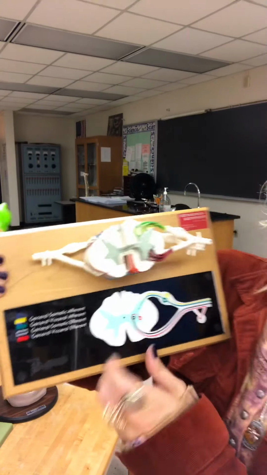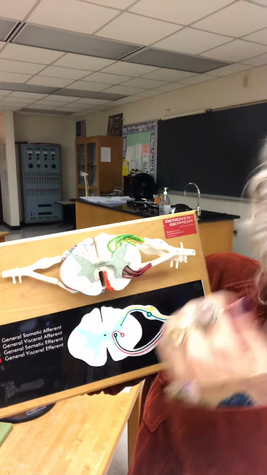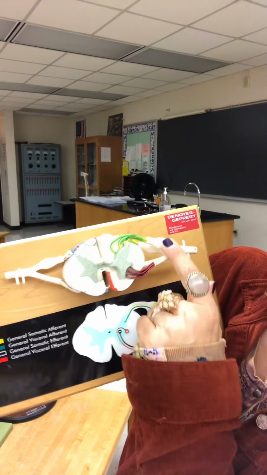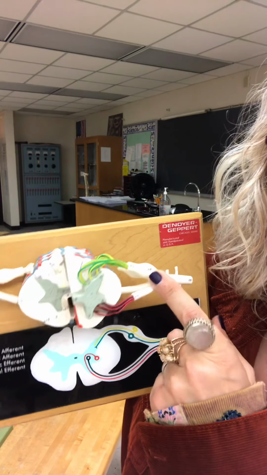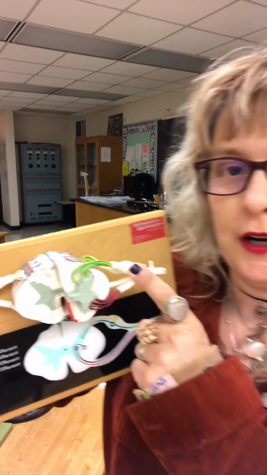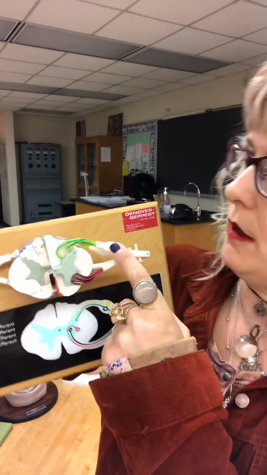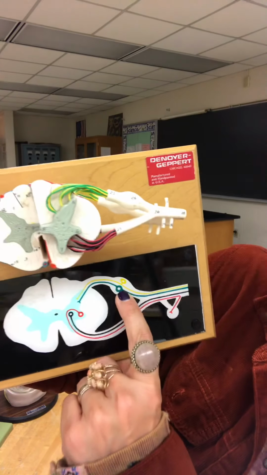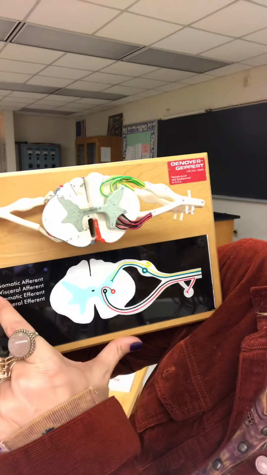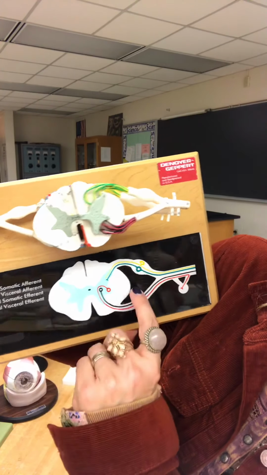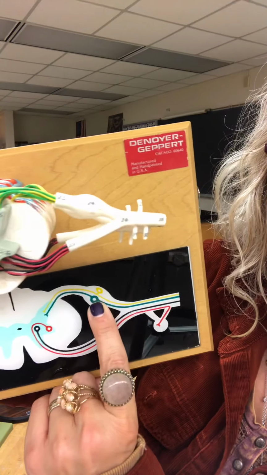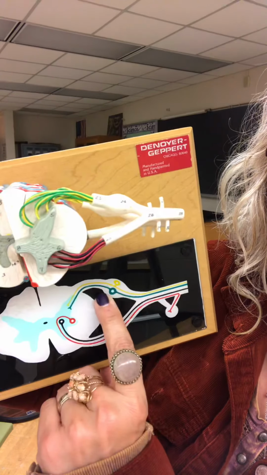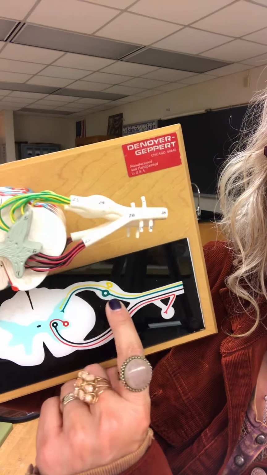Now what you see here is all the axons coming in, and the incoming dorsal root ganglion right there. That is all clusters of neurons that are sensory. So we have sensory neurons coming in, and this figure shows you in green and yellow: general visceral afferent, meaning it's coming from organs, so organ sensation, knowing what's going on in the organs.